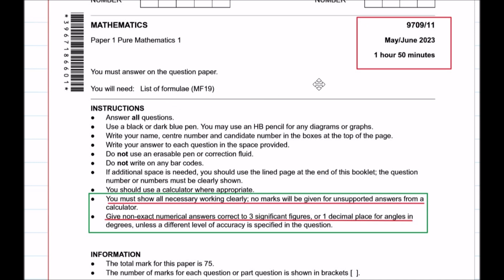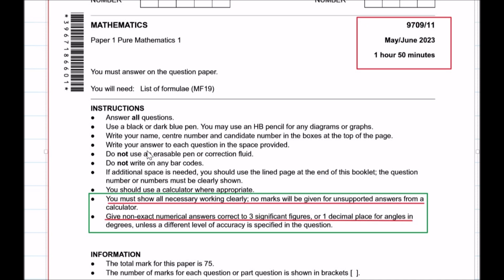Today in this video we are going to learn how to solve paper 1-1 from May-June 23. This is 9709 paper 1-1. Before going to question number 1, I would like to highlight these points here.